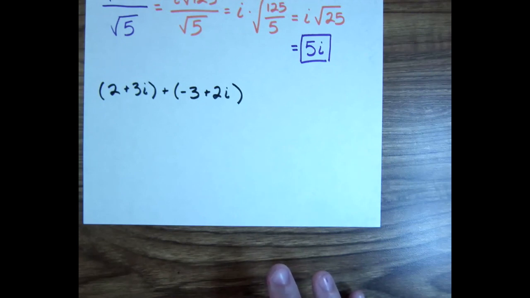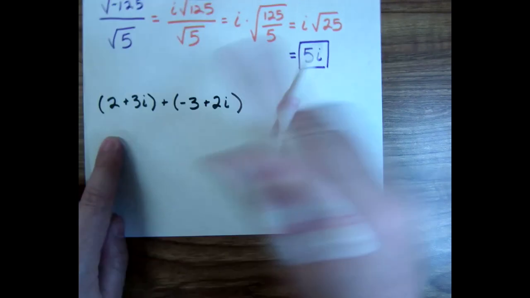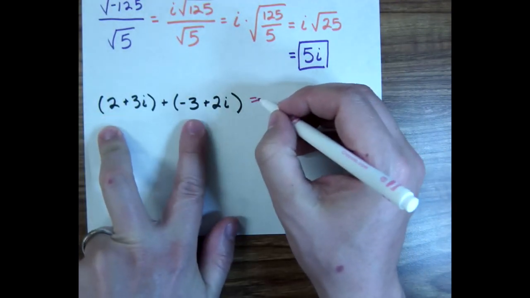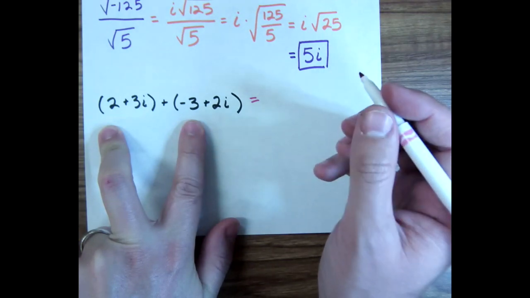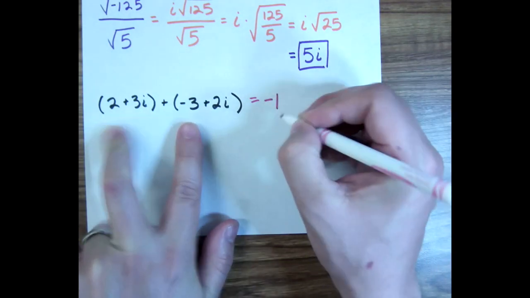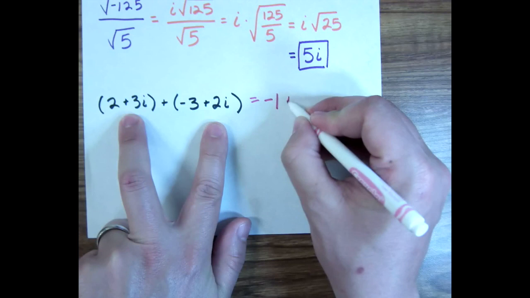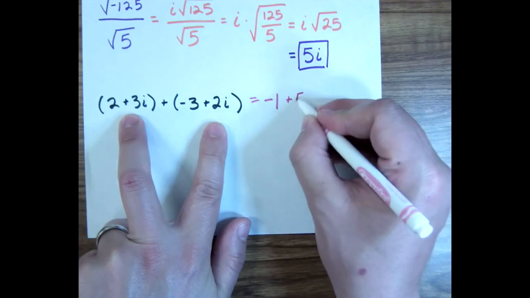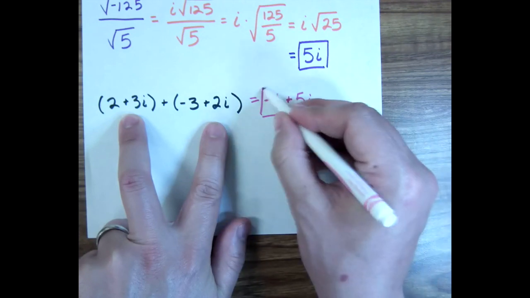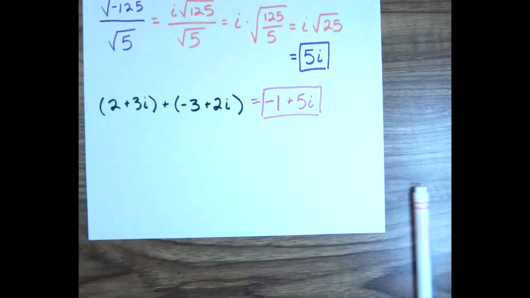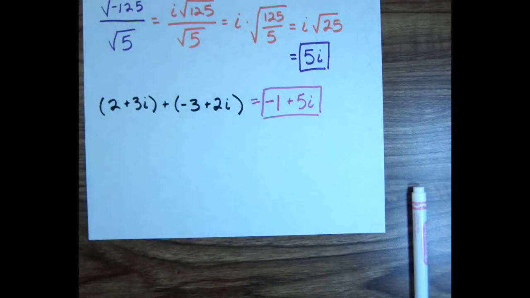So in this case, I can combine the 2 and the negative 3, which would give me, good, and I could combine the 3i and the 2i for 5i, but I can't combine these together. So that's it. It's exactly like combining like terms. The i's aren't variables, but they behave like variables.